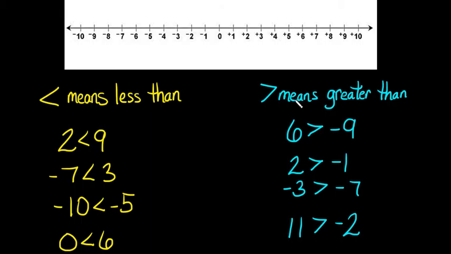If we look at the greater than, it's the opposite. 6 is greater than -9 because 6 is further to the right of the number line than -9. 2 is greater than -1. 2 is further to the right on the number line than -1. -3 is greater than -7. -3 is further to the right on the number line than -7. 11 is greater than -2 because 11's not even on here, but you know it's right here.